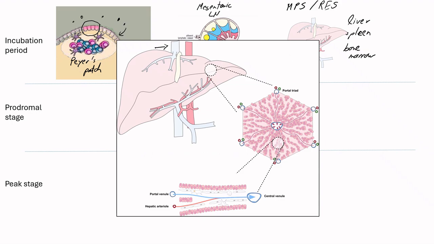So if we take the liver here as an example, this functional unit that's shown here is the so-called lobule, which has this kind of hexagon structure, and we see here blood flow from the so-called portal triad to the central venule, and you see here this relatively irregular and fenestrated capillary.